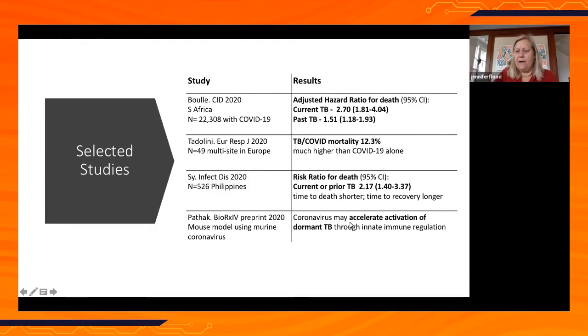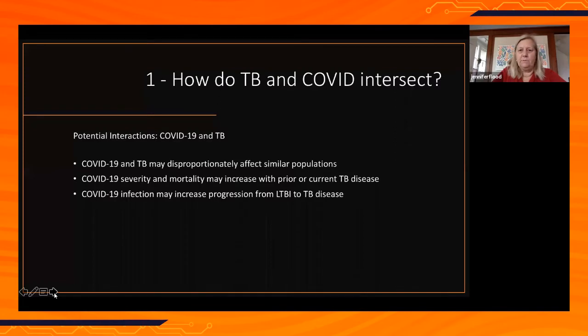You can see that coronavirus in this study shows some possible acceleration of activation of dormant TB through affecting our innate immunity pathways. So there are a lot of potential mechanisms, and there is very suggestive data from different sites across the world that TB infection can alter COVID, and co-infection can be much worse than the single infection alone.